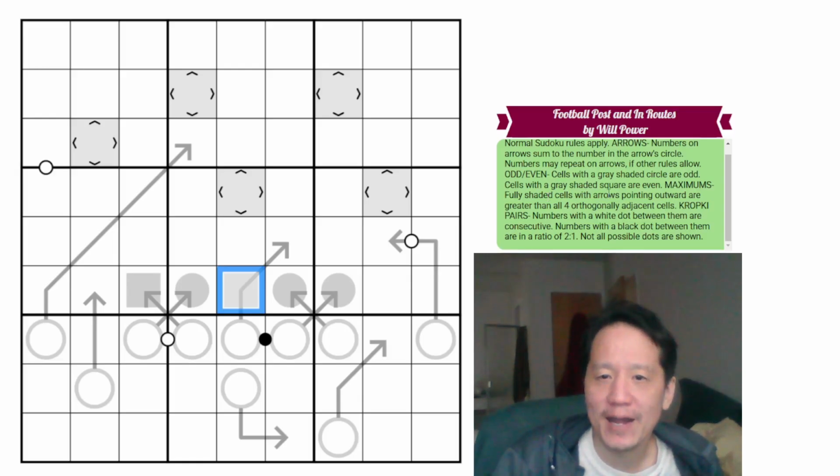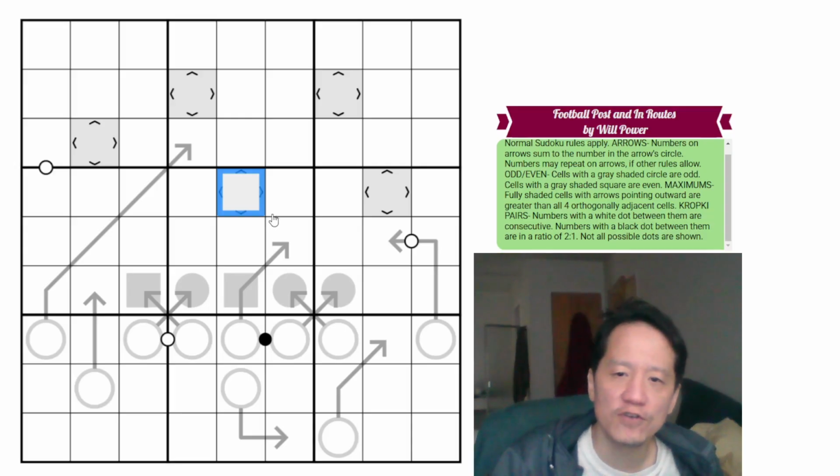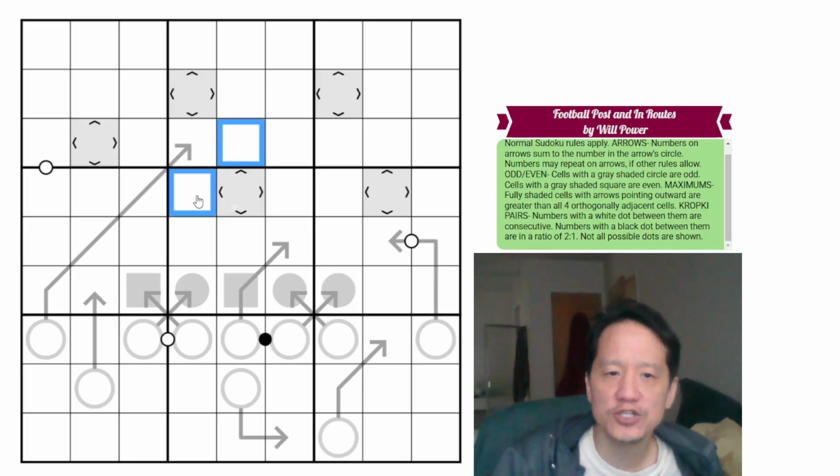Then we have maximums, which are these defenders, these in-space defenders, which are fully shaded cells with arrows pointing outward, and are greater than all 4 orthogonally adjacent cells. Orthogonally adjacent just means that they share an edge. So these are the 4 orthogonally adjacent cells of this maximum, right?